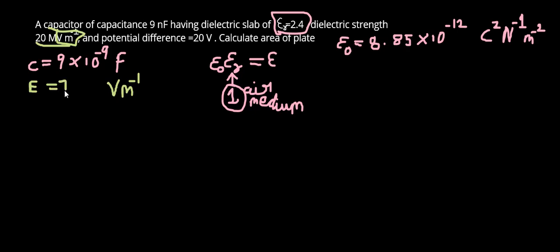Now what is given is 20 mega. Kilo means 10 power 3, mega means 10 power 6, and 10 power 9 is giga. Further it will be moving to tera. Mega means 10 power 6. Until that you understood, right?